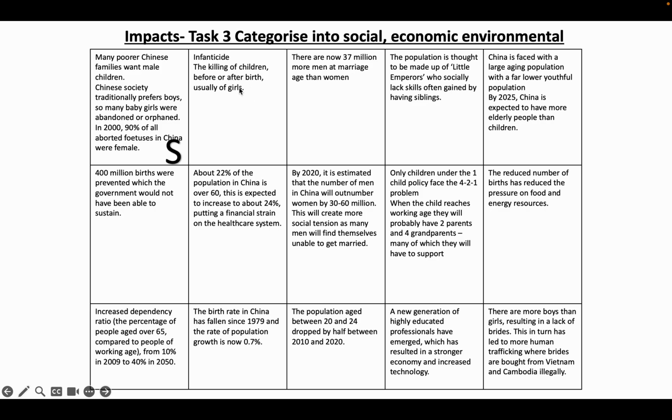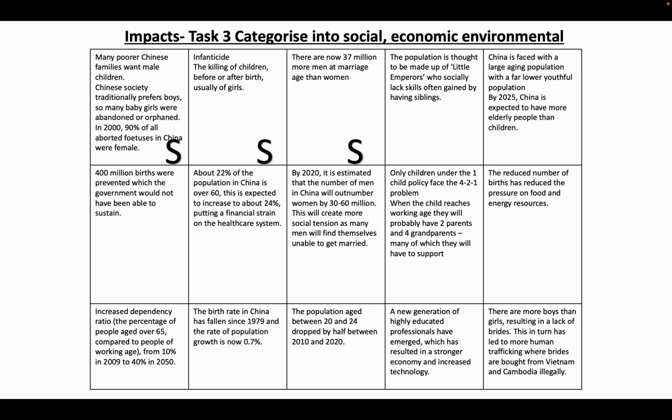Infanticide, so the killing of children before or after birth, usually of girls. Again, this is reported, not necessarily confirmed, so just be careful when stating that in the exam. But another social impact: 37 million more men at marriage age currently than women. So again, some nice data you can use to really develop your answer.